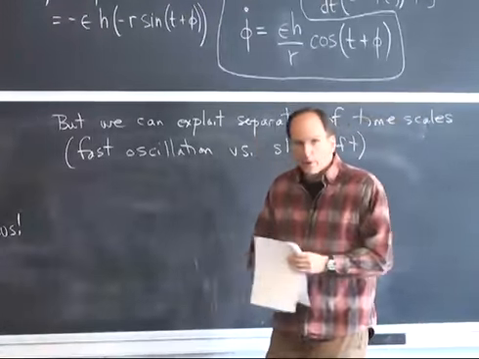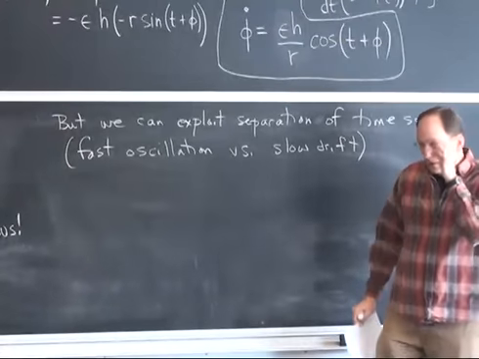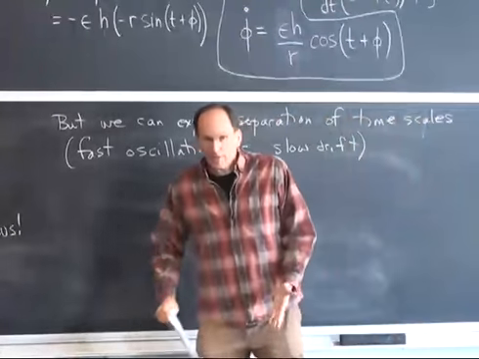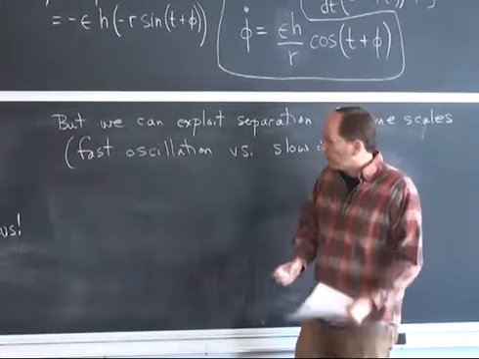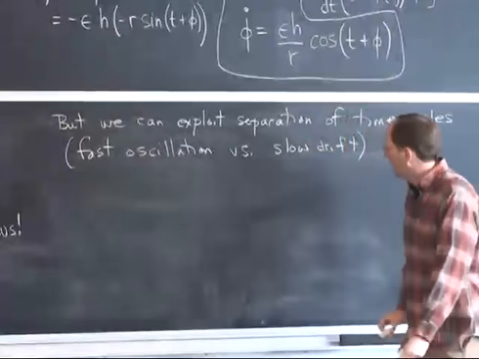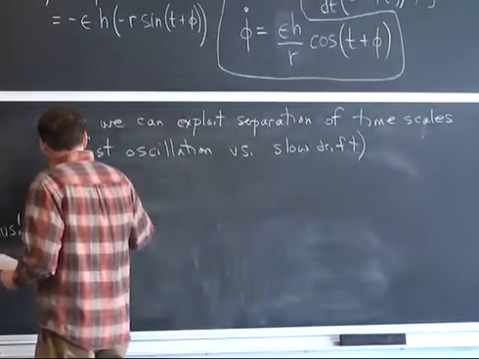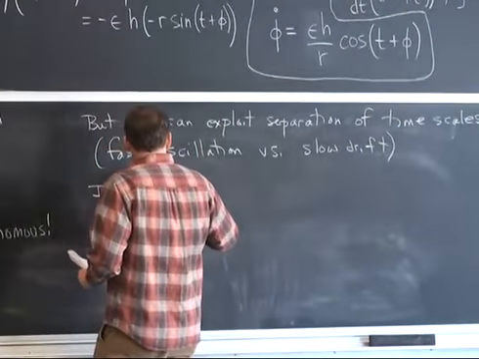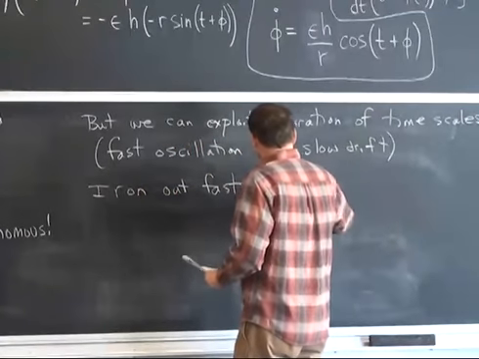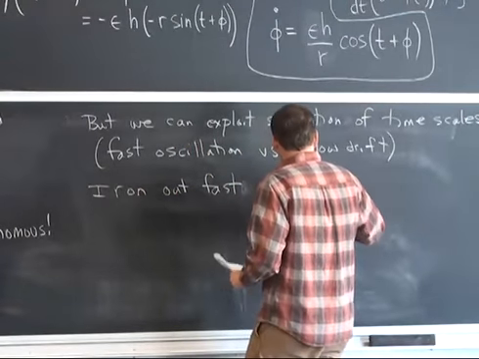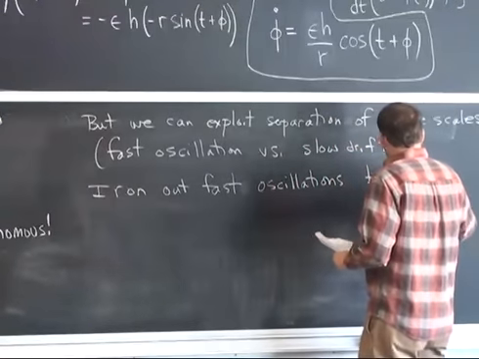And so this is where the really cool conceptual point comes in. If you haven't seen this before, I think you're going to like this. But it does require some concentrating to really get it and make sure you believe it. And if you don't, please ask, because this is really the key new idea. What we're going to do is iron out the fast oscillations by averaging over one cycle.